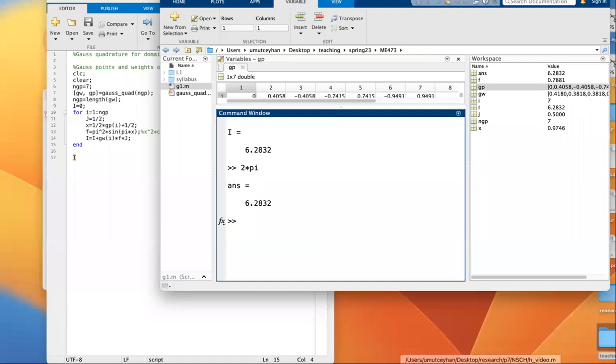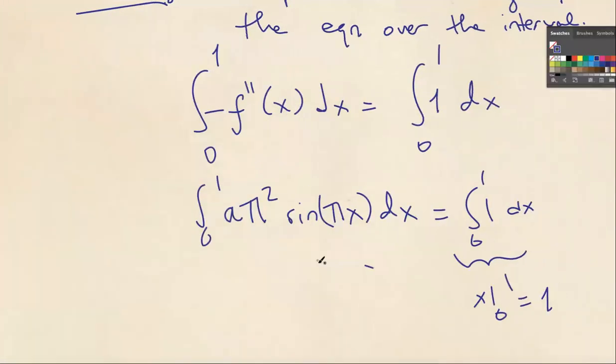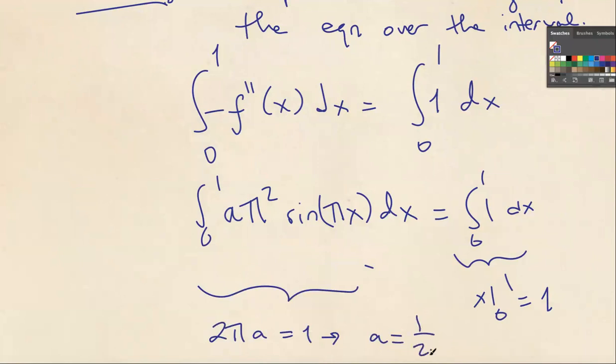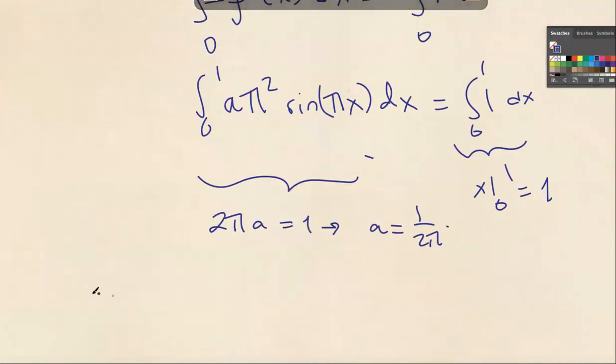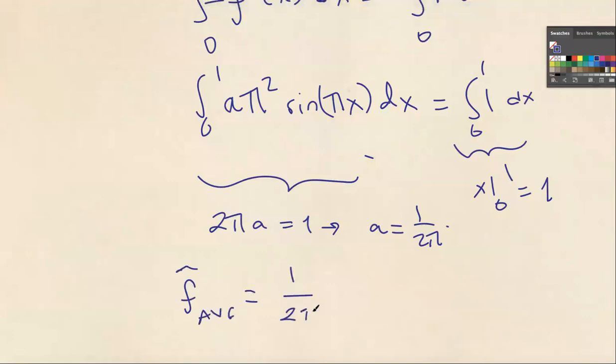So what I found is that 2 pi for this integral is equal to 2 pi a, which is equal to 1. That means a is equal to 1 over 2 pi. So the average gave me this one. With this f hat, which I called the average, I have 1 over 2 pi sine pi x.